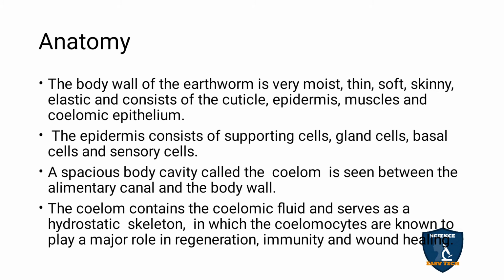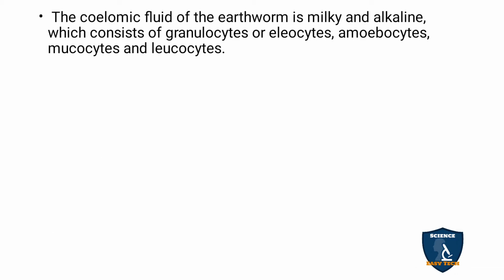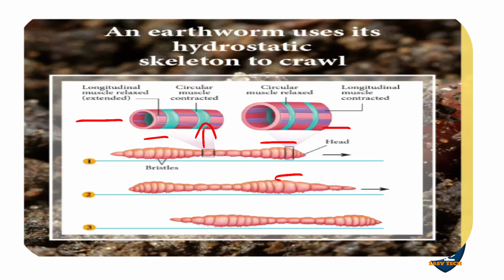The function of these coelomocytes is regeneration, immunity and wound healing. The coelomic fluid of the earthworm is milky and alkaline, and consists of granulocytes or eleocytes, amoebocytes, mucocytes and leukocytes. These are the substances present in the coelomic fluid of the earthworm.